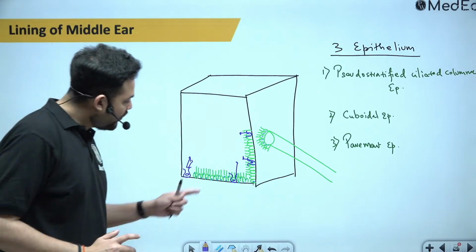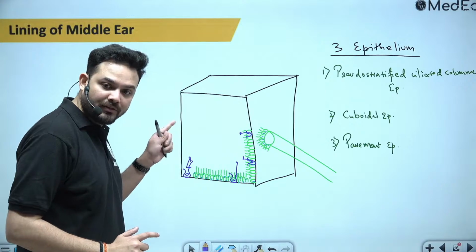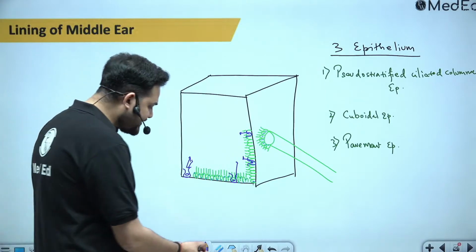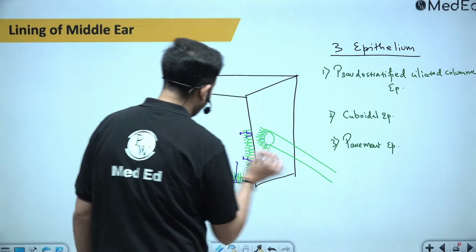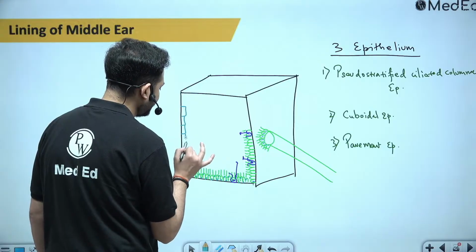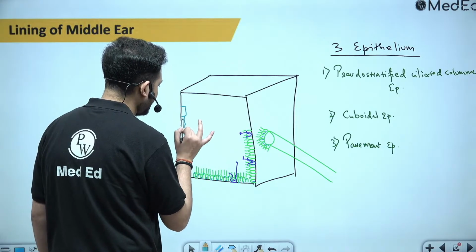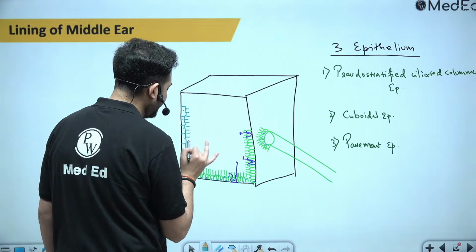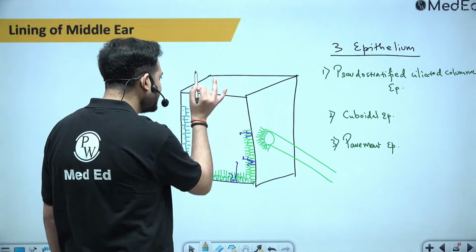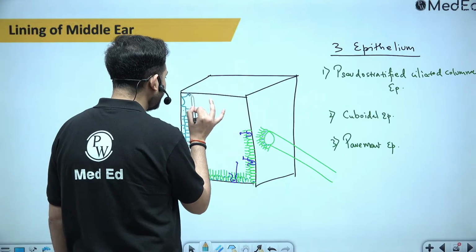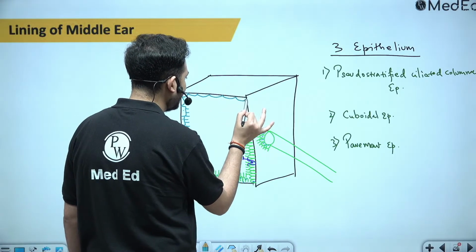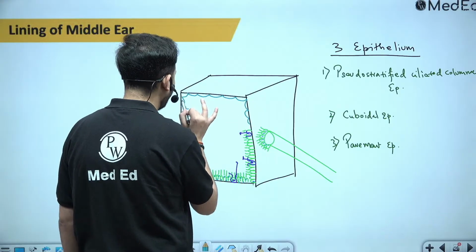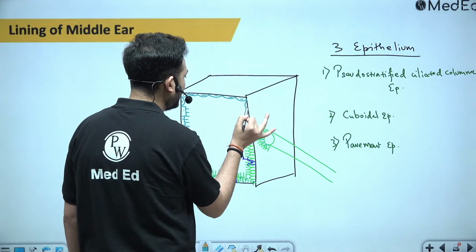When we reach towards the posterior wall, this epithelium becomes more cuboidal. It becomes more cube-like, ciliated cuboidal. But when it goes towards the roof, जब roof पे जाते हैं और epitympanum में जाते हैं, this becomes pavement-like, flat.